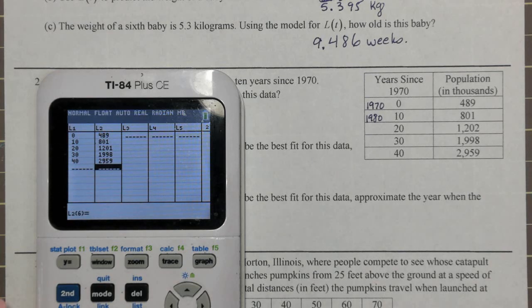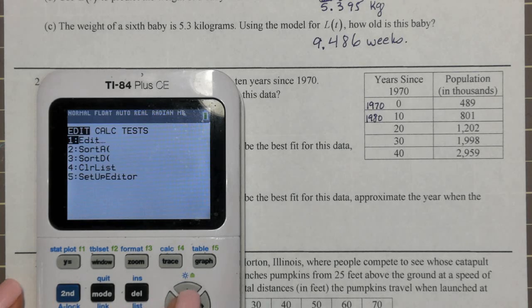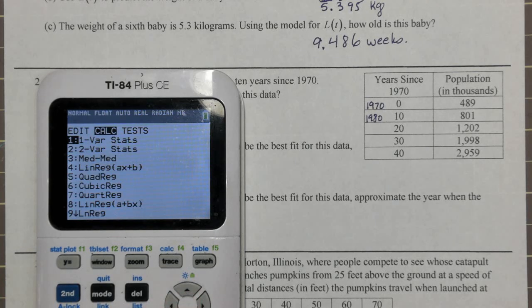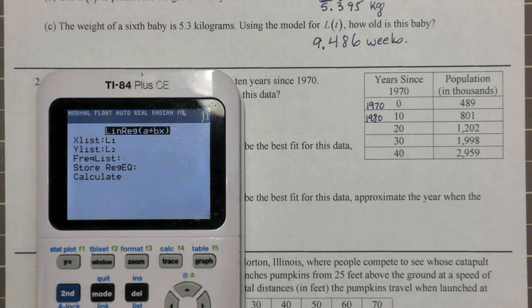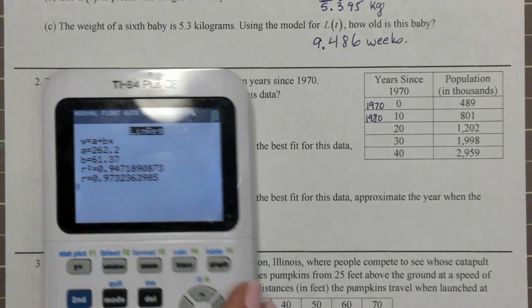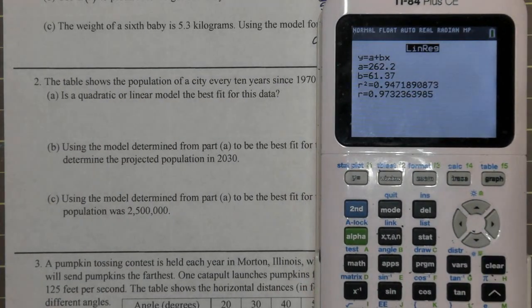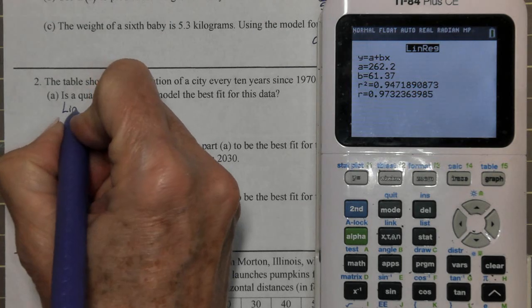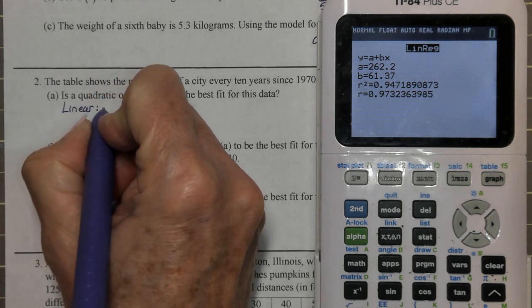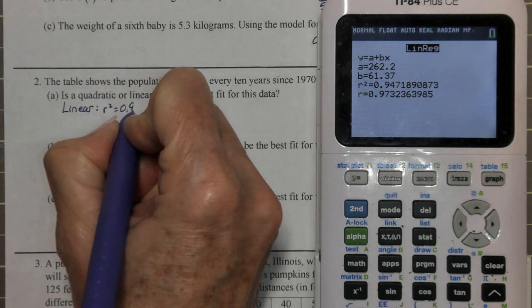Making sure to hit enter at the very end. Okay? All right, stat, calc. Let's do linear first. Let's see how good it is. So I'm going to do number 8. Enter, enter, enter. I'm not going to put it in for y1 yet, not until I know which one is best. So linear gave me r squared is 0.947.